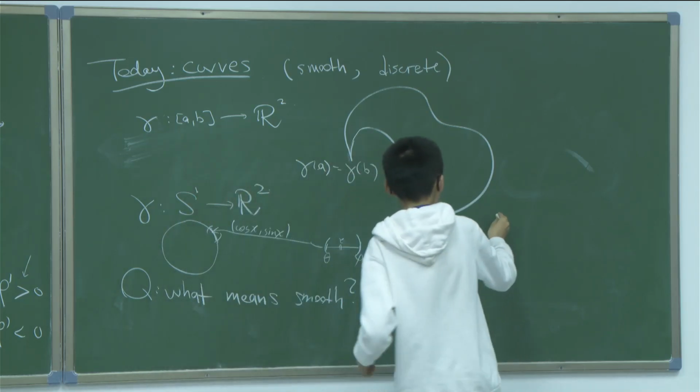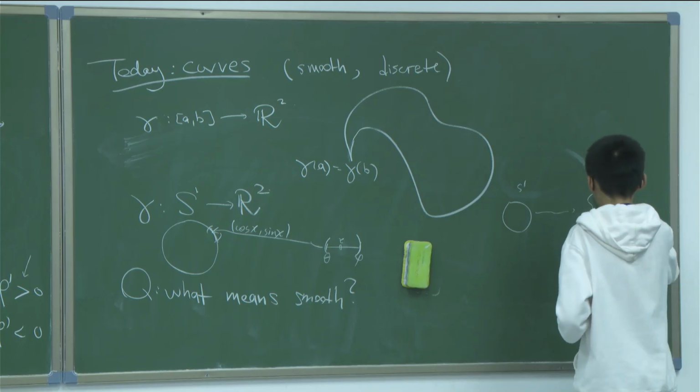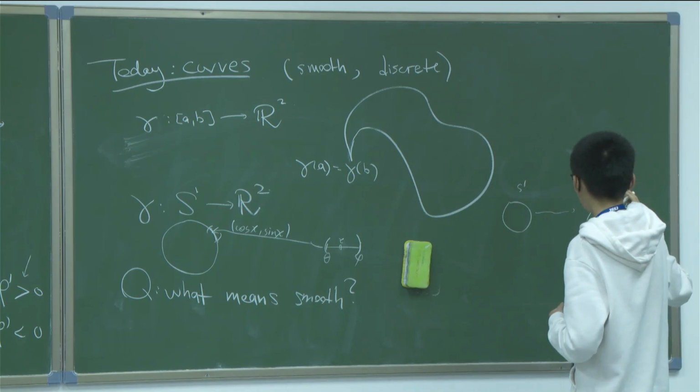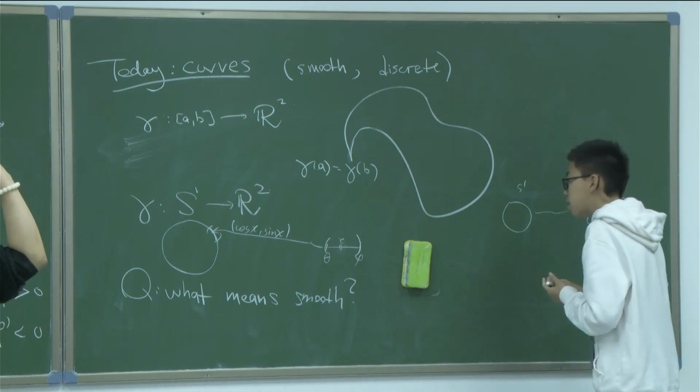So if S1 is smooth to another symmetries. Well, we only want R2 as a target. Okay, so yes, it's fine. I mean, just R2 is fine. S1 to R2.